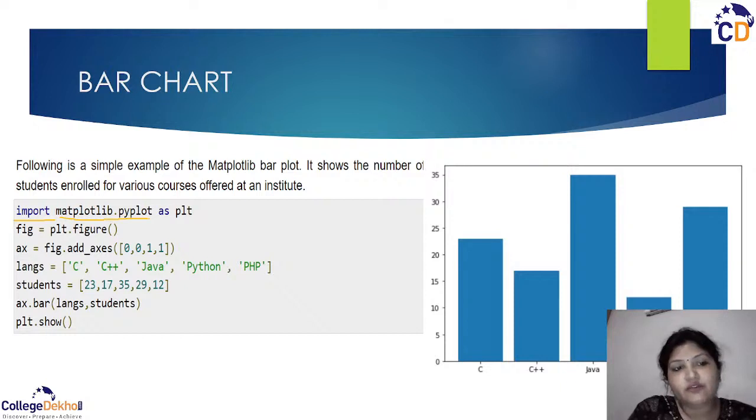Now in this figure, in the next statement, ax is a variable which is basically defining the axis of the figure. So we will be using a function that is add_axes. It contains the values 0 to 1. We are just giving the values of how our axis will be going.